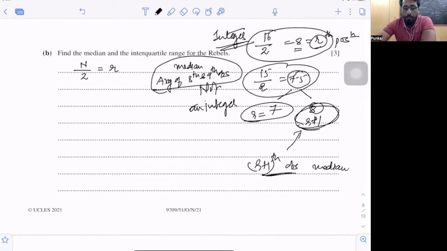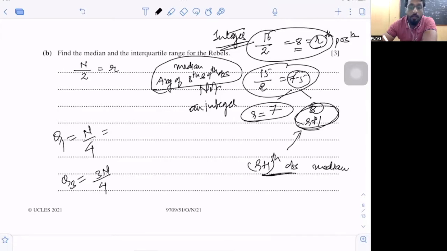Now this is true for the quartiles also. The first quartile Q1 is given by n over 4, and the third quartile Q3 is given by 3n over 4.